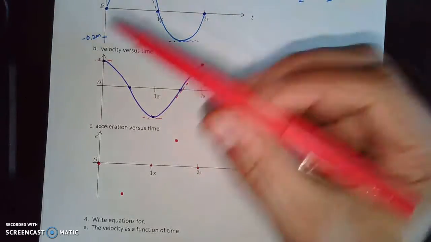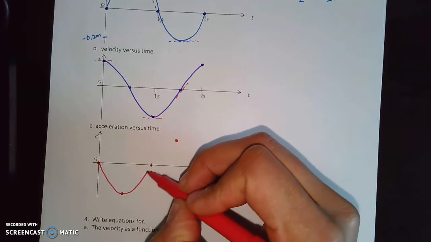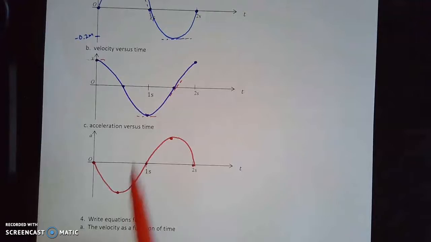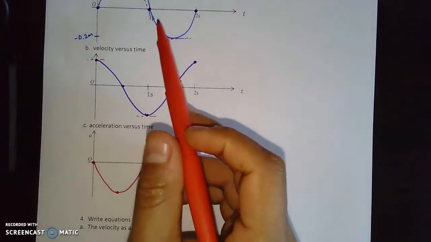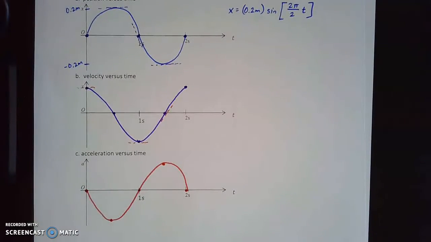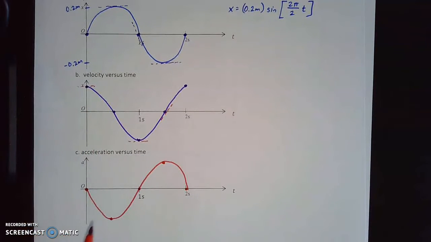This should be the opposite of my position time graph, because in simple harmonic motion, those are opposites. And that's true, so it works out nicely. So there's my graphs.